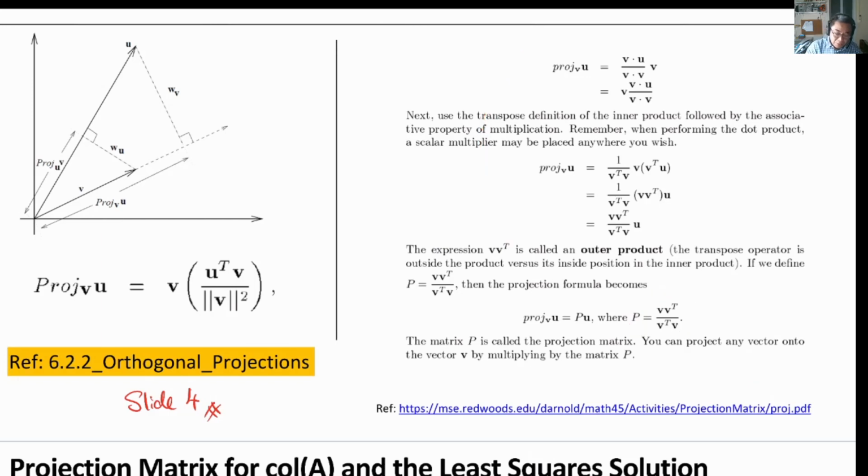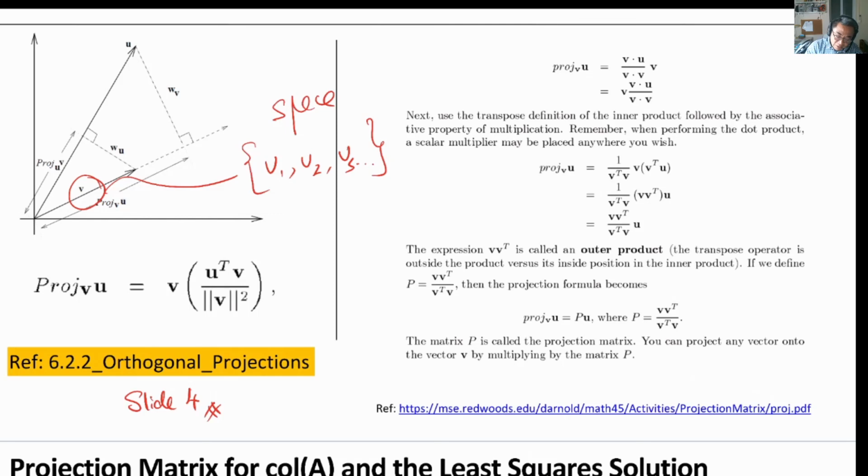Now, what happens when our input space is not only a single vector, but a span of vectors v1, v2, v3, and so on? Can we find also a projection matrix that does the same thing? The next slide will tell us how the projection matrix can be found for a space that is spanned by a few vectors.